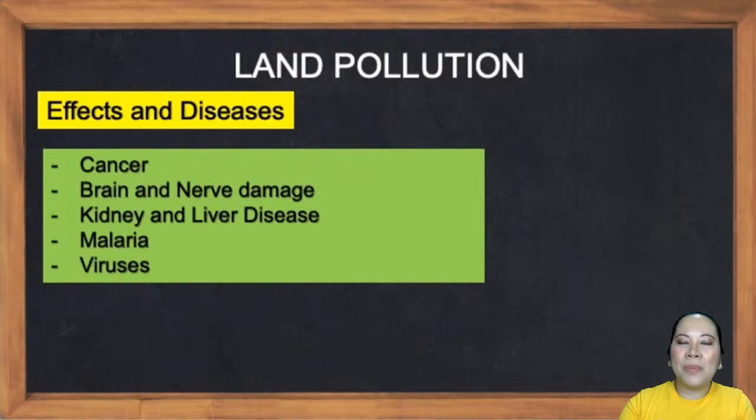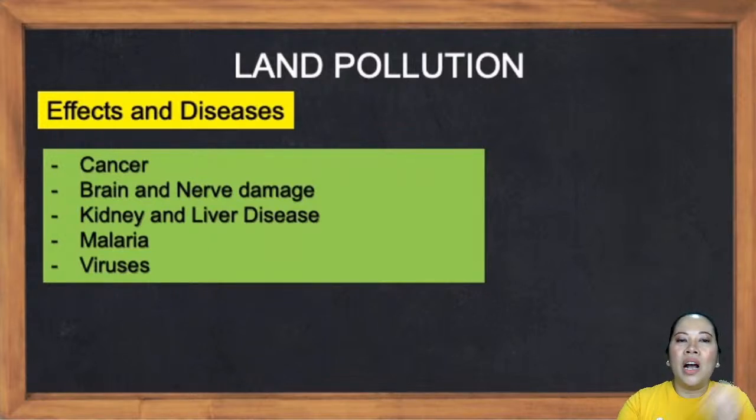Okay, so the last pollution that we will be talking about tonight is land pollution or soil pollution. Why is it that soil pollution also can have these different effects and diseases?